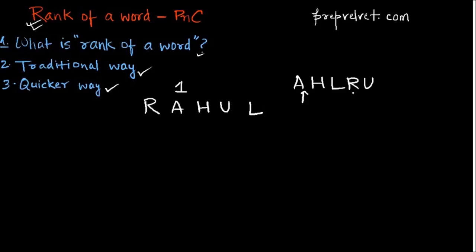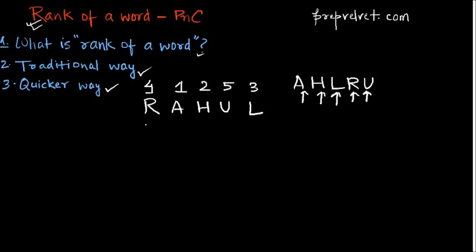R occupies 4th position, so write 4 over here. H occupies the 2nd position, so write 2 over here. U occupies the 5th position, so write 5 over here, and L 3.